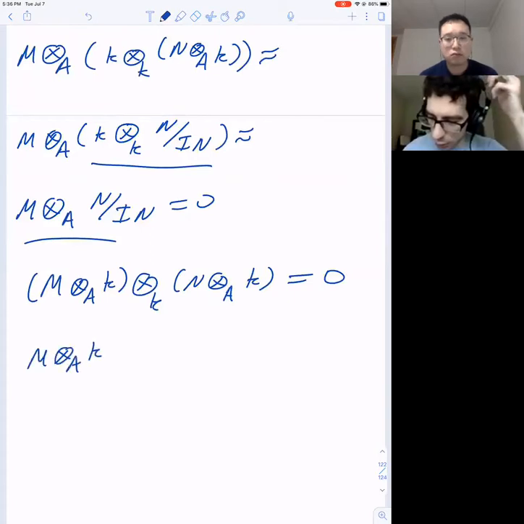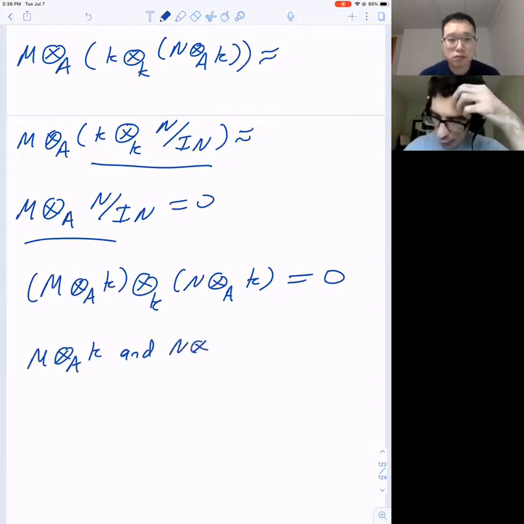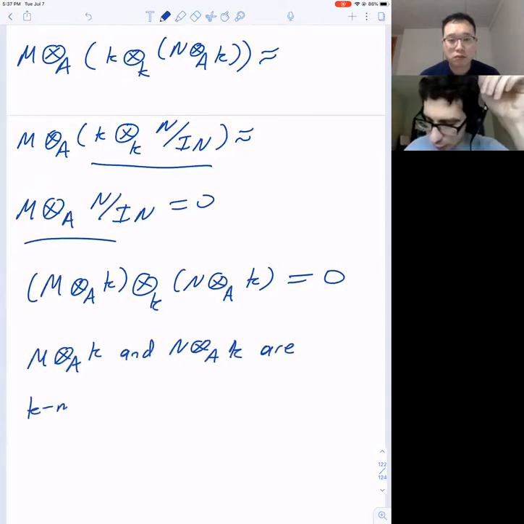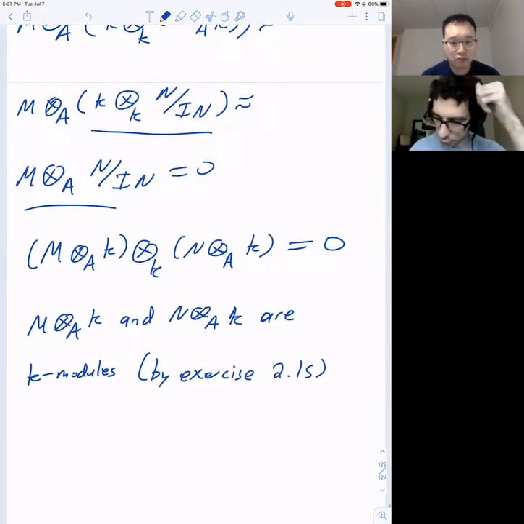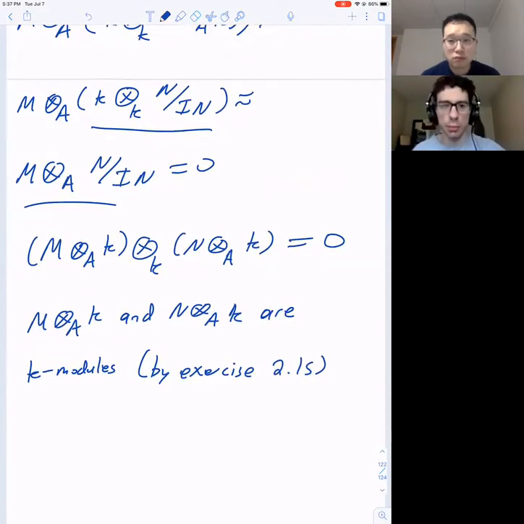These are K modules. This is again by exercise 2.15. But what is a K module? What's a module over a field?